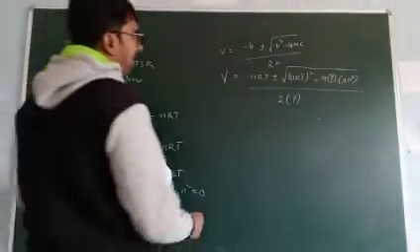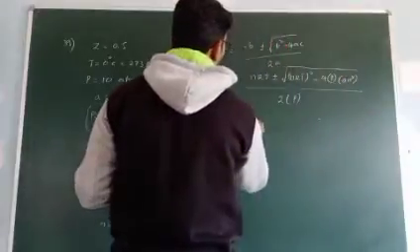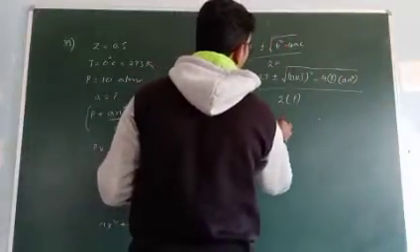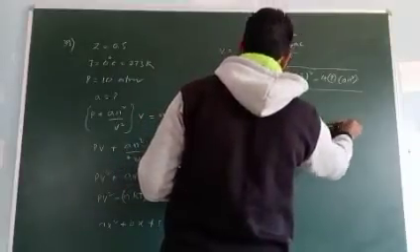When the value is constant, this discriminant should be equal to 0. So (nRT)² minus 4P into a n² equal to 0.